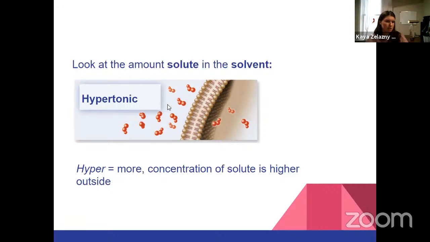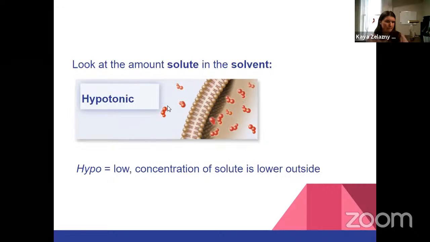So that's hypertonic. Hypotonic is the reverse. Hypo means low or little. So if we have a cell in a hypotonic environment, that means we're in an environment where we have a low amount of that solute outside, which means that relatively we have a lot of that solute dissolved in the water inside the cell.